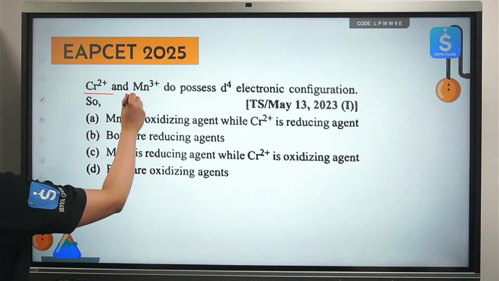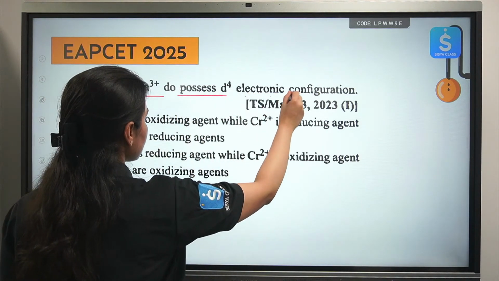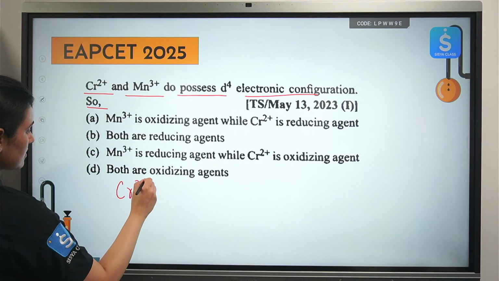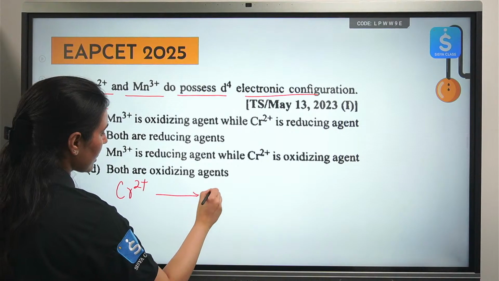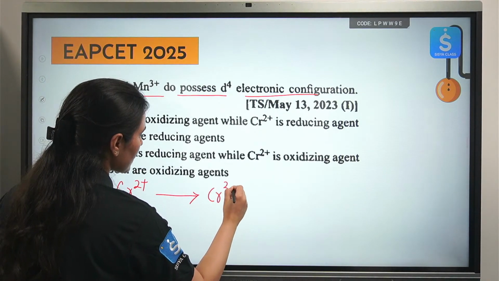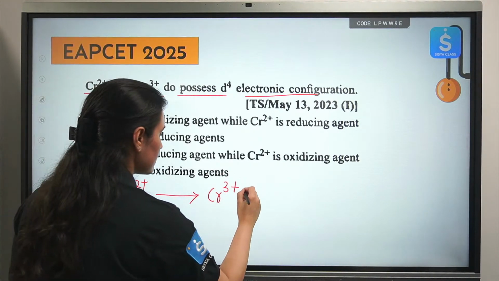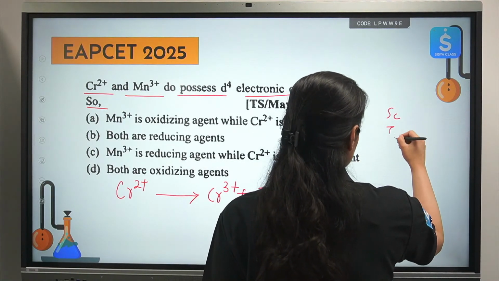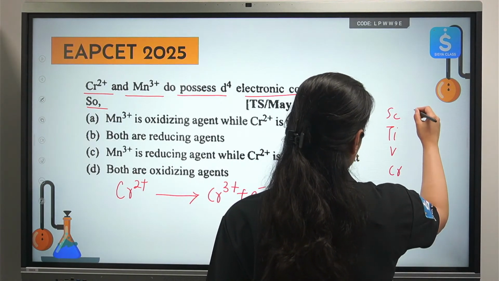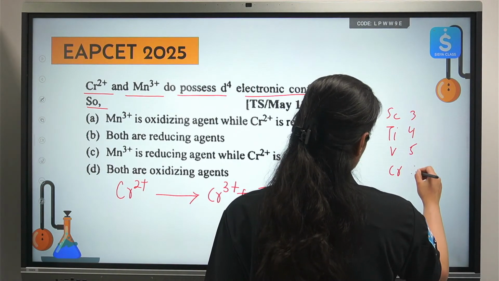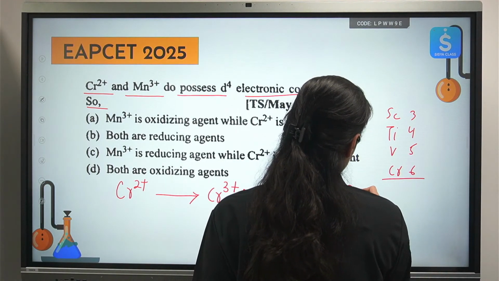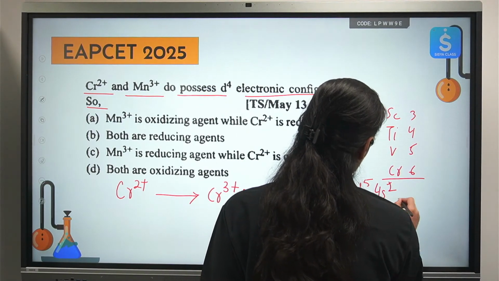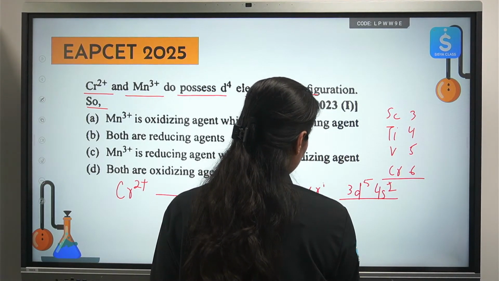Chromium 2+ and manganese 3+ do possess d4 electronic configuration. So chromium 2+ will readily like to convert into chromium 3+. Why? See the electronic configuration. If you remove 3 electrons, this is the electronic configuration for chromium.